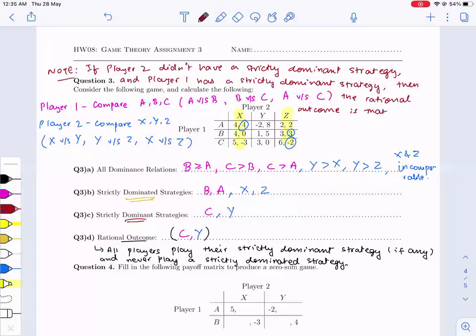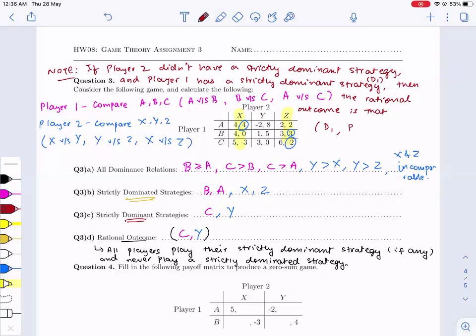that player 1 plays the best strategy for player 1, which is, let's call player 1's strictly dominant strategy D1. Okay, so player 1 plays D1, which is player 1's strictly dominant strategy. And player 2, even though they don't have a strictly dominant strategy of their own, they must play the best they can do when player 1 plays their best strategy, right?